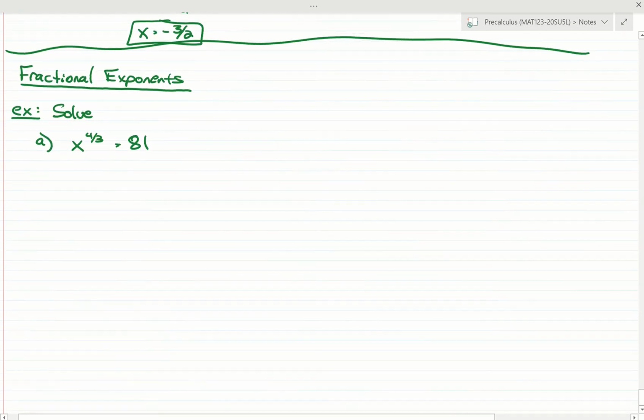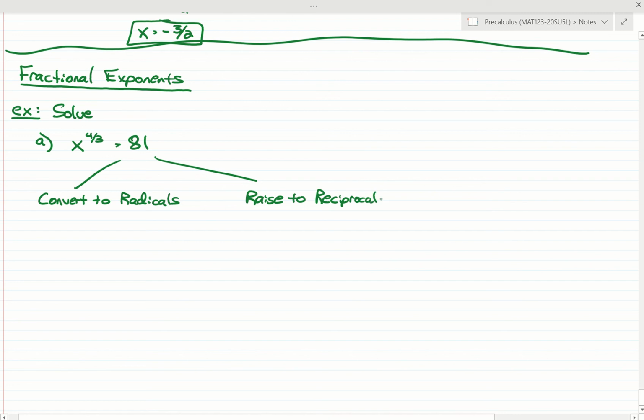We have a couple different ways we could do this. One way we could do it is we can convert to radicals. I would not recommend doing it that way. The other way we could do it is just raise to the reciprocal power. That way is a little bit faster. So I'll show you both techniques.